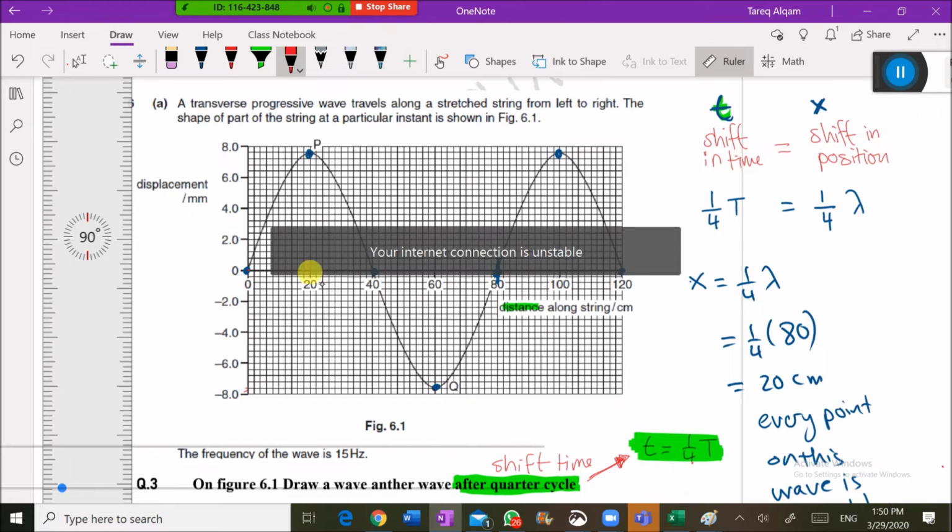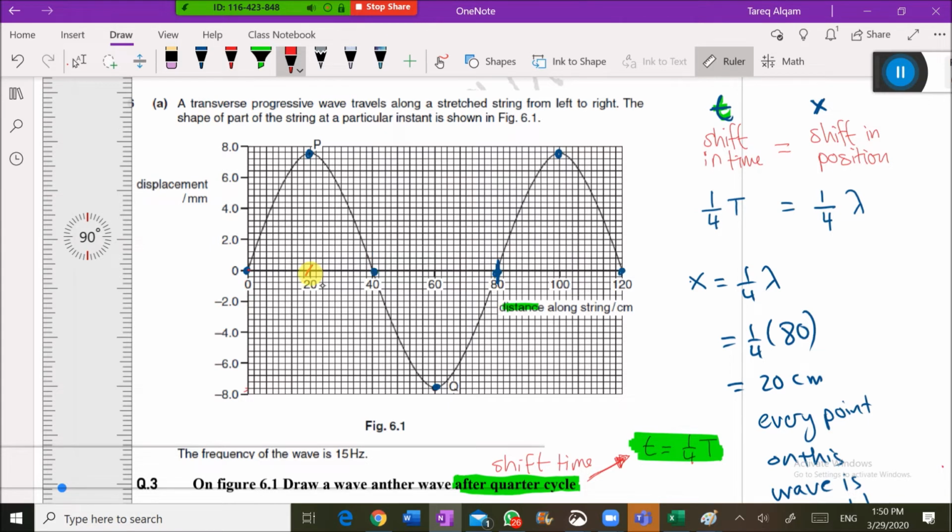This point shifted 20, this point shifted 20, and this one shifted horizontally 20. This point is shifted horizontally 20, this point is shifted horizontally 20. Clear? I shift the major points, then draw a wave using these points.